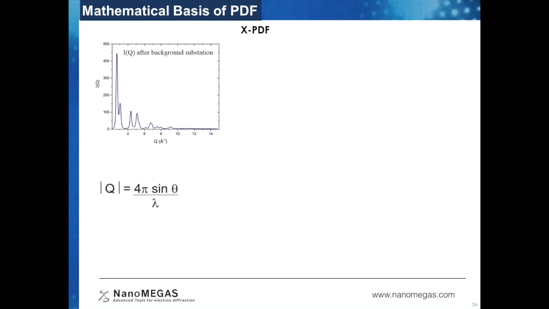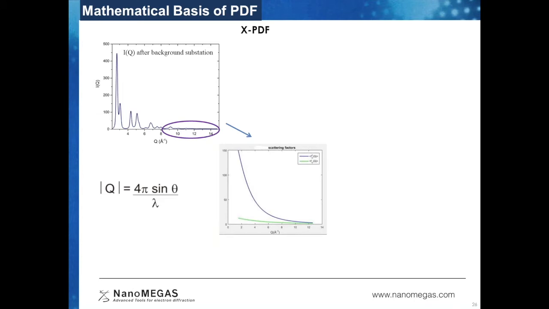Now the obtained 1D profile intensity has all the coherent scattering which is coming from the materials or structures of interest. Now the approach is a mathematically natural amplification of the small signals in the data, especially in the high Q region of the scattering, as I have marked with a different color. This is simply done by dividing the measured scattering intensity by the square of the atomic form factor, which falls to a very small value at high Q range.